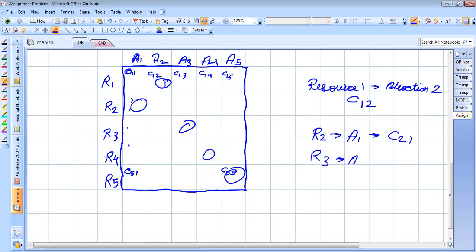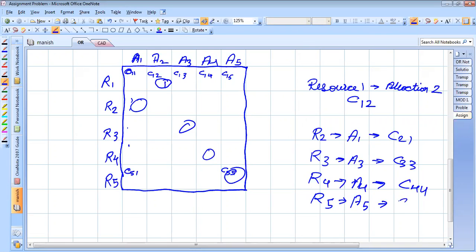R3 is allocated to A3 having cost C33. R4 is allocated to A4 having cost C44. R5 is allocated to A5 having cost C55. Okay, and total cost will be equal to T is equal to C12 plus C21 plus C33 plus C44 plus C55. Okay, these allocations may be varying.